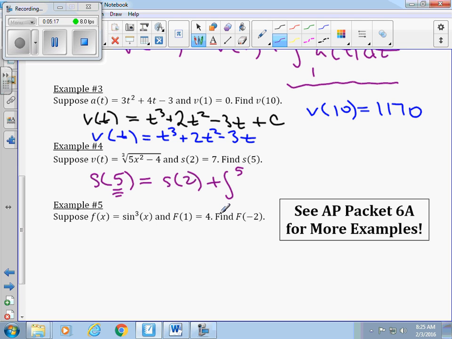Even if it's backwards, that's okay, because it can work both ways. Just make sure whichever one is up out there is the one up here. From 2 to 5, v of t dt. Your calculator can do this integral for you. Y'all go do that for me.